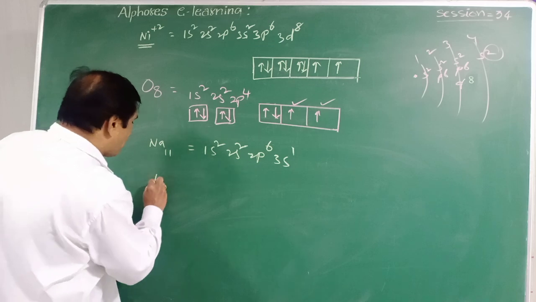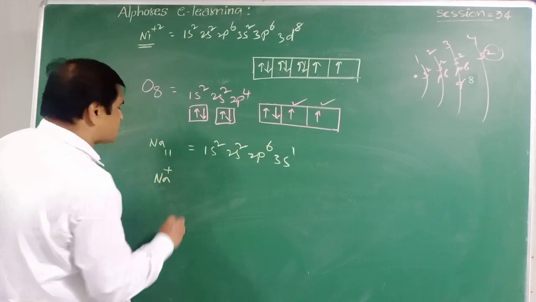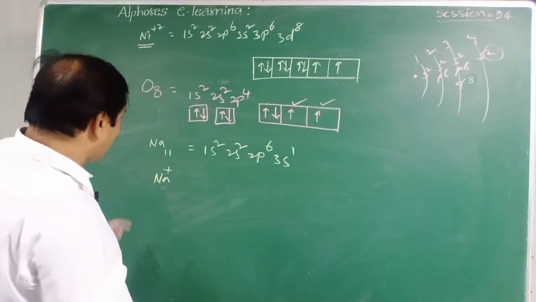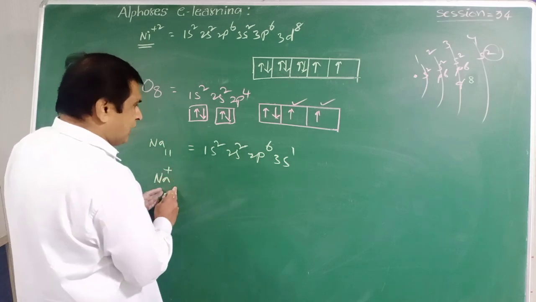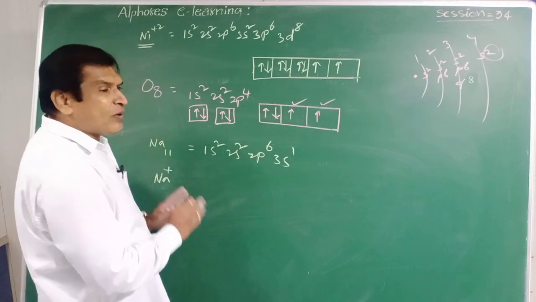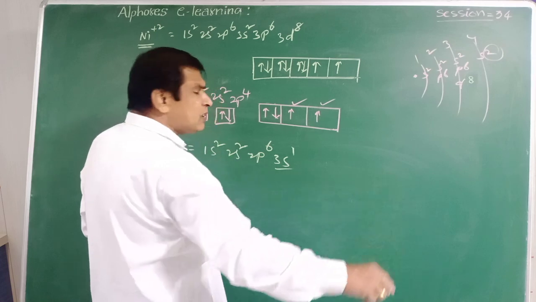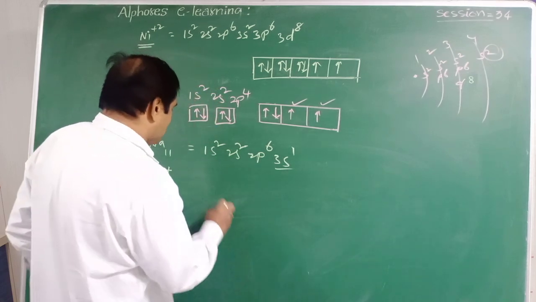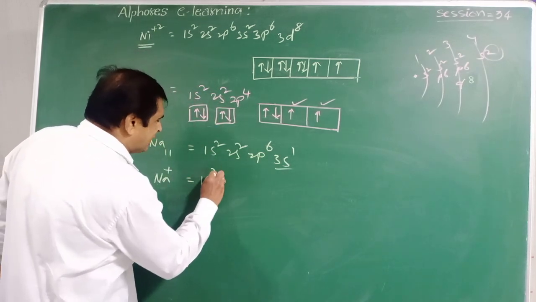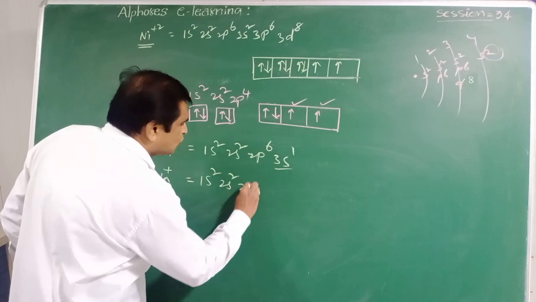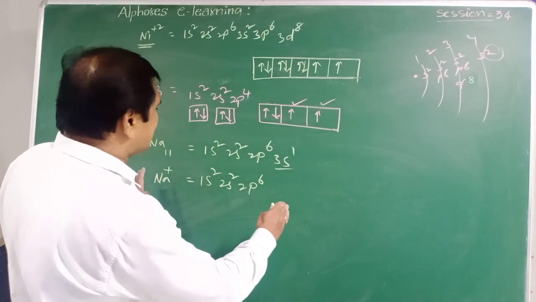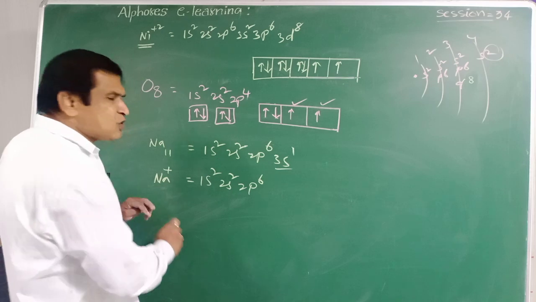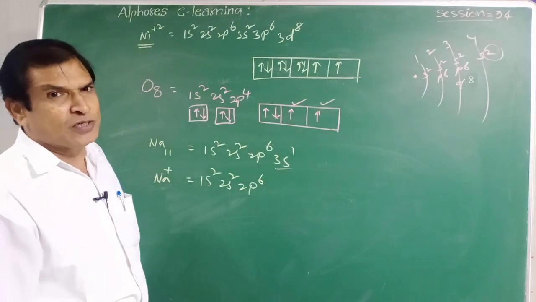Sodium always forms a unipositive cation, so it loses 1 electron from the outermost shell, the 3s electron. The configuration becomes 1s2, 2s2, 2p6. All the orbitals are completely filled, so the sodium ion has no unpaired electrons.